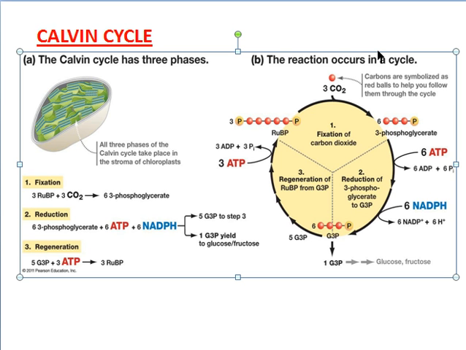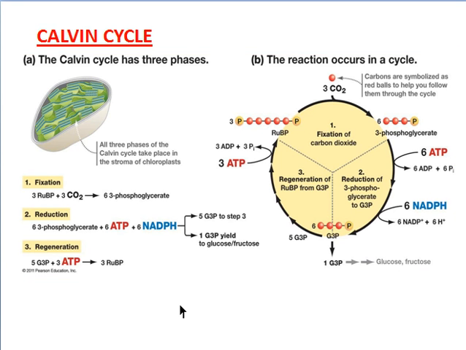So it leads to another question: how many ATP molecules are required to form a molecule of glucose? The answer would be 18, because for 3 carbon dioxide molecules, we required 6 plus 3, 9 ATP molecules. For 6, we'll require 18 ATP. And similarly, 12 molecules of NADPH would be required in order to produce 1 molecule of glucose.